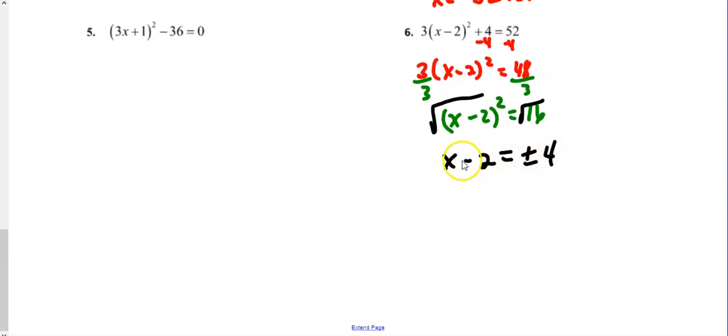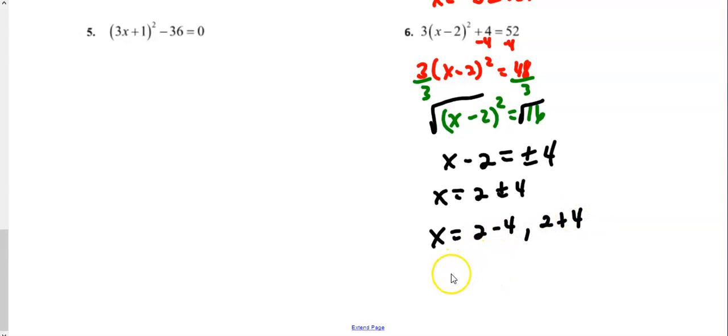I can look at it 2 ways. I can add 2 and say x is equal to 2 plus or minus 4, which is x is equal to 2 minus 4 and 2 plus 4. So my answers would be -2 and positive 6.